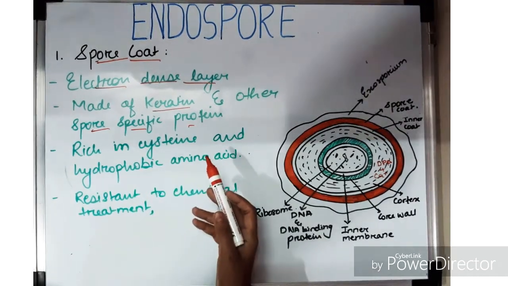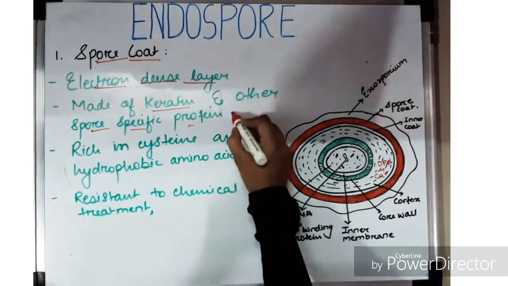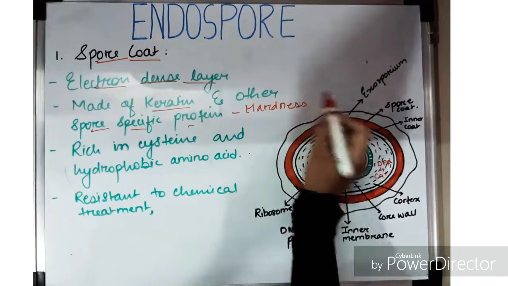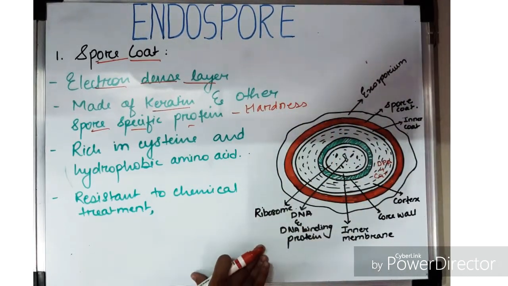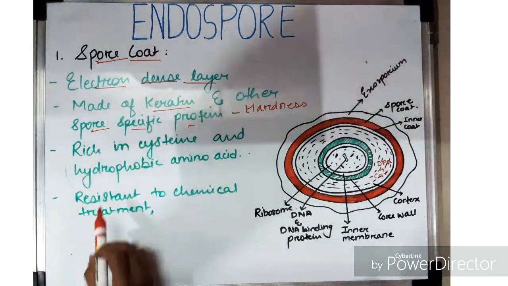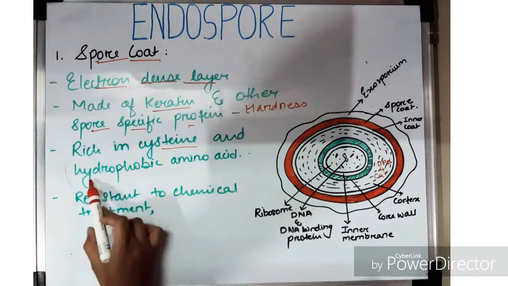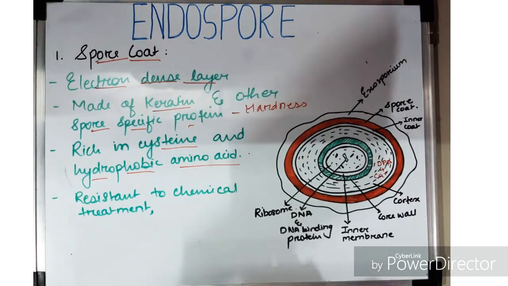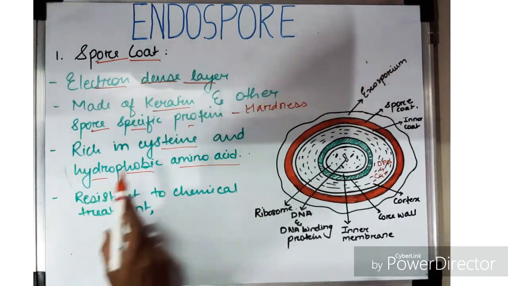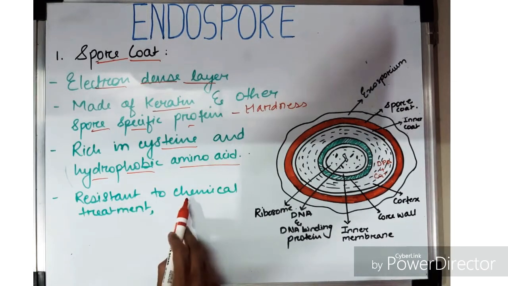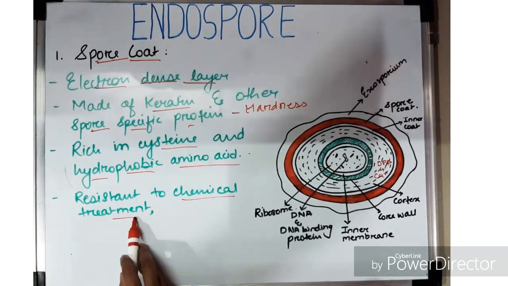These spore-specific proteins give hardness and rigidity to the endospore. The spore coat is also rich in cysteine and hydrophobic amino acids, which are later used during the germination process. These cysteine keratin proteins give resistance to chemical treatment.